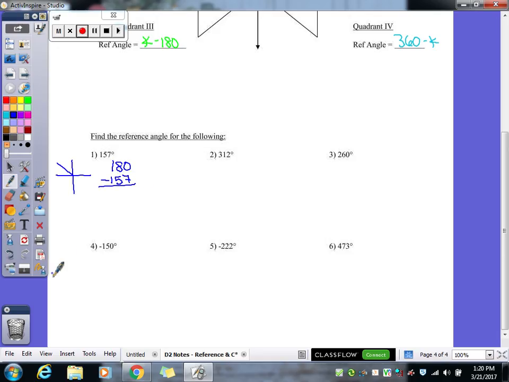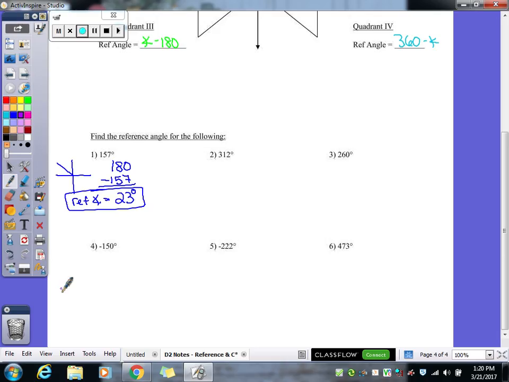That's going to give us our reference angle. So what's 180 minus 157? Is that 23? So our reference angle is 23 degrees.